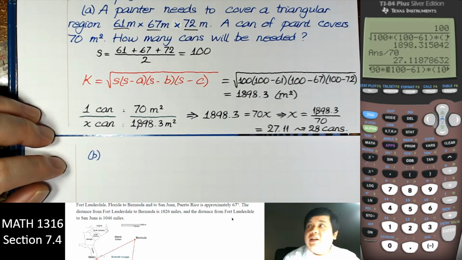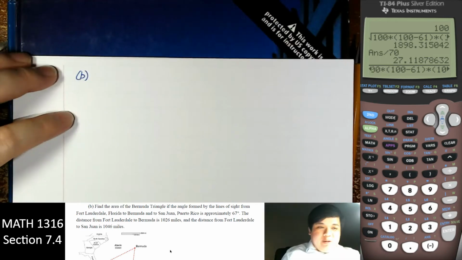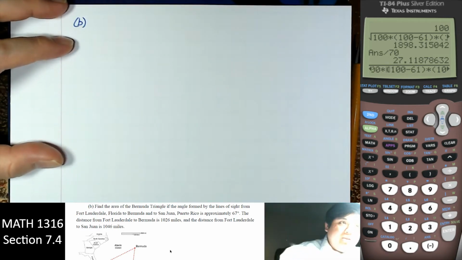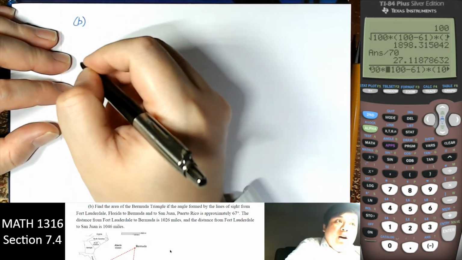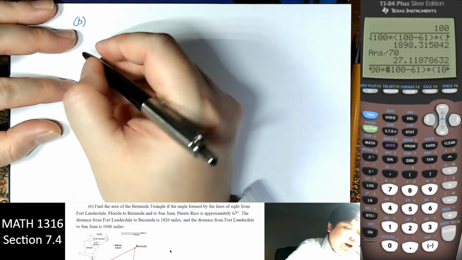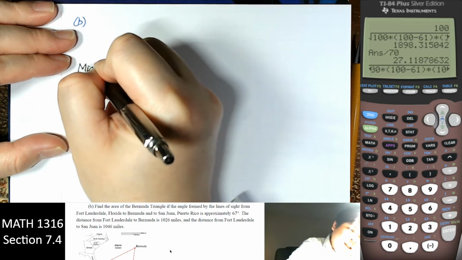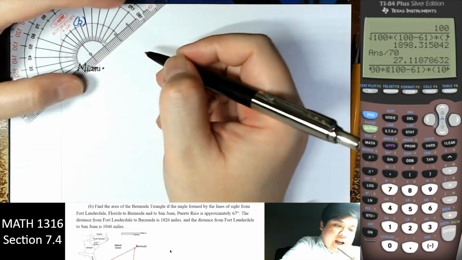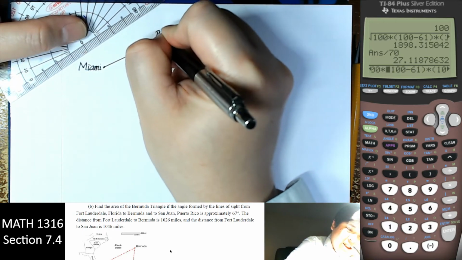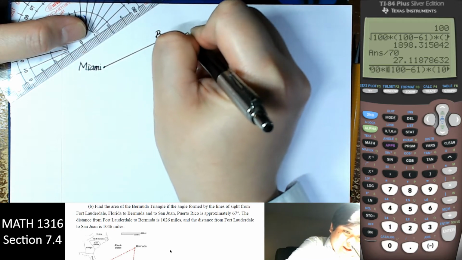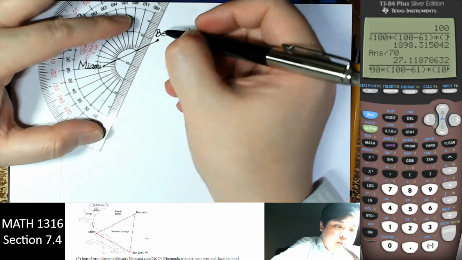So we have the Bermuda Triangle. I'm not going to write down all of those details, just trying to do the graph. So the Bermuda Triangle from Fort Lauderdale, Florida, very close to Miami, and then Bermuda, and then San Juan, Puerto Rico.